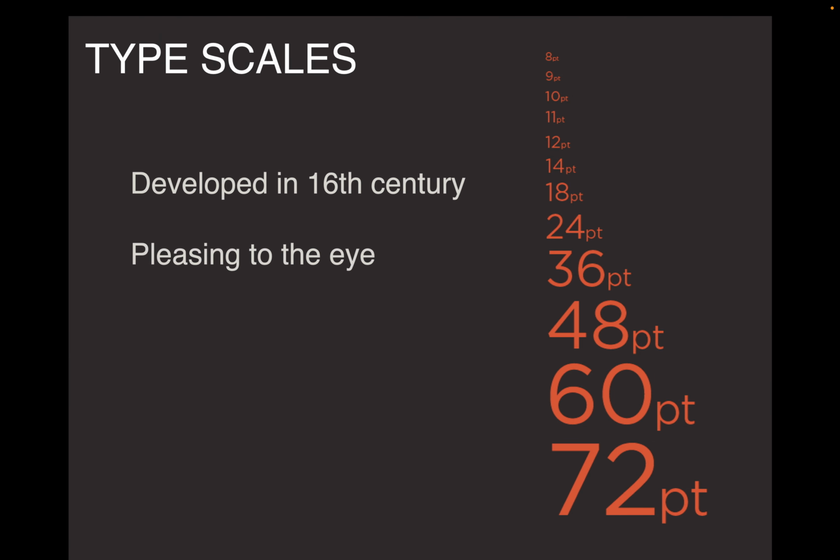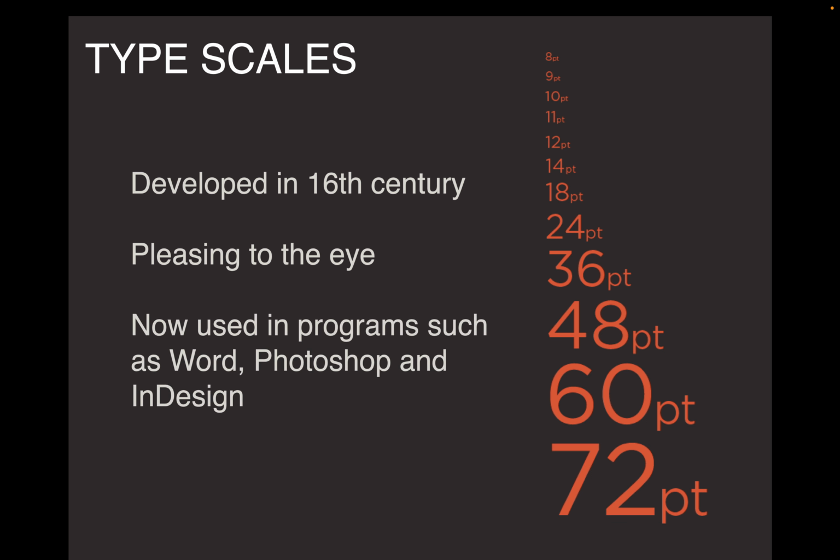A long time ago, when people were just starting to print, they learned that they could, with some care, increase the sizes of fonts and they would look good together.